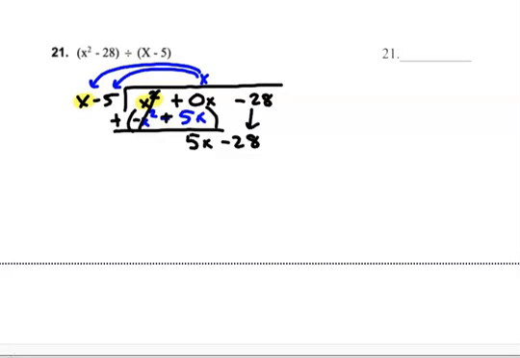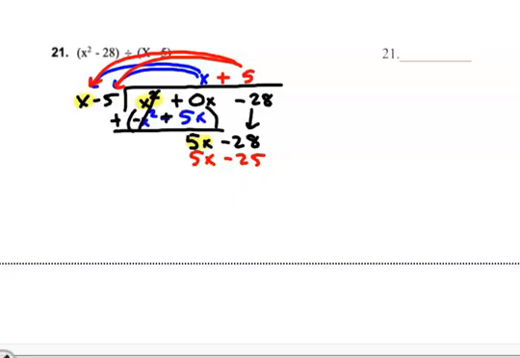Then we're looking to cancel out 5x with x. So we need to multiply the x by something to get 5x. That's going to be a 5, and I want it to be a positive 5 since I have a positive 5x underneath. So positive 5 times x is 5x. Positive 5 times negative 5 is negative 25.